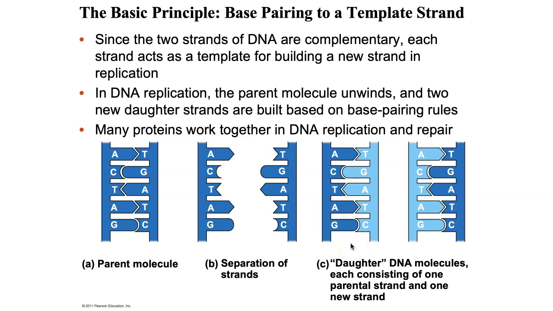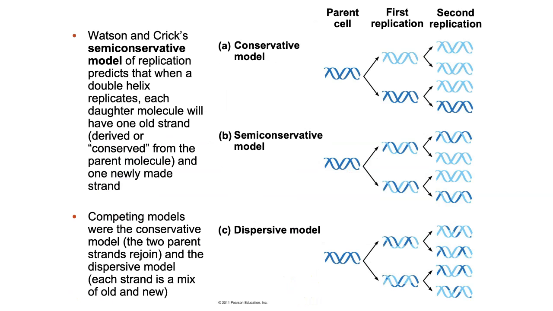These new strands are referred to as daughter DNA molecules. The first one is the parental strand. So one parent molecule will create two completely identical daughter DNA molecules. We know that that is how replication works now, but when the scientists were working this out 50, 60 years ago, they really didn't know.